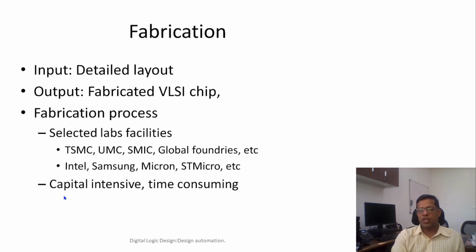The common name you can hear is TSMC, Taiwan Semiconductor Manufacturing Company. UMC, SMIC in China, Global Foundries in Europe. These are the foundries which can take the fabrication data from anybody. Even you as an individual can send it to these companies, and they can fabricate a chip for you.